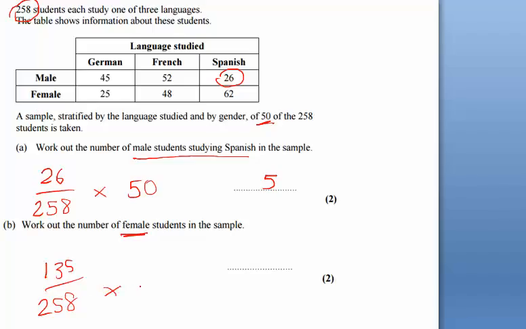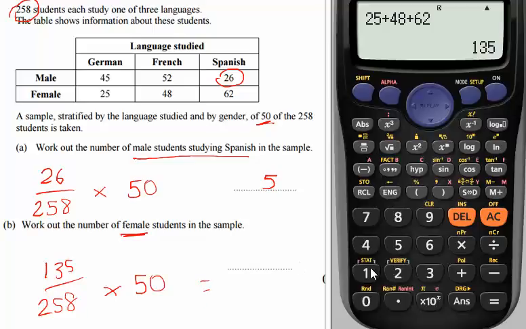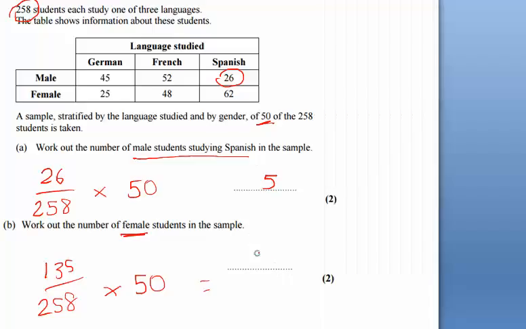So then want to times by 50 to give me my answer. So 135 divided by 258 times that by 50 gives me 26.1627907, which is 26, and that's a reasonable answer.